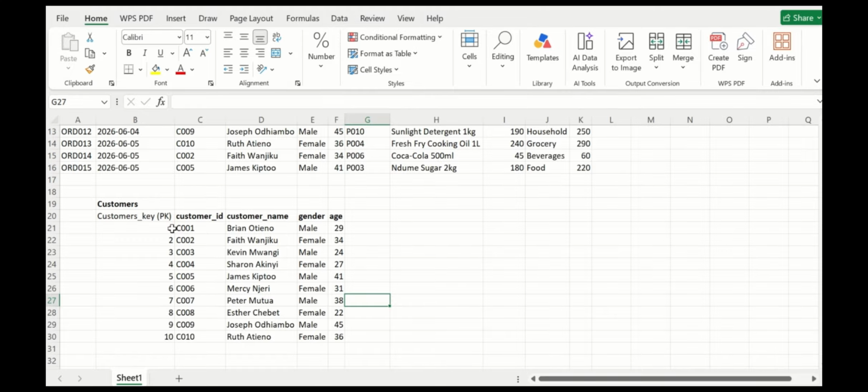So you can see each customer is represented by a unique customer key.